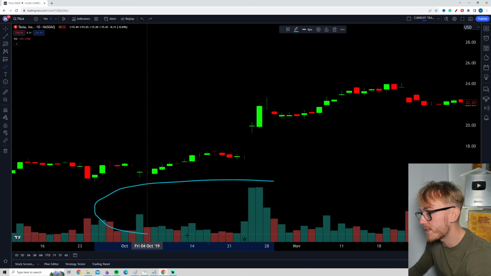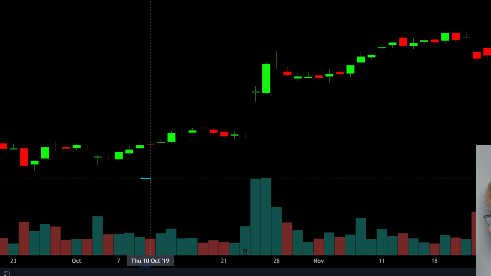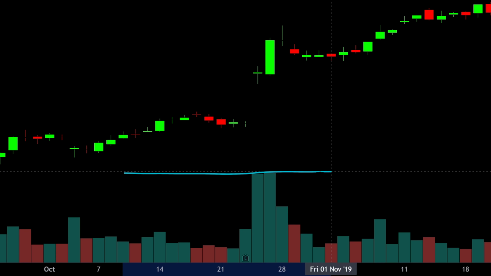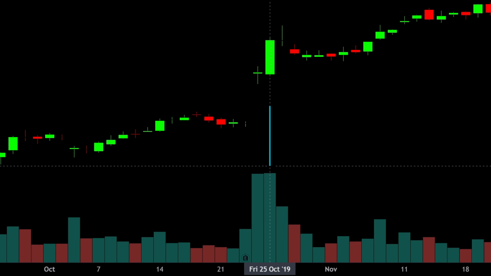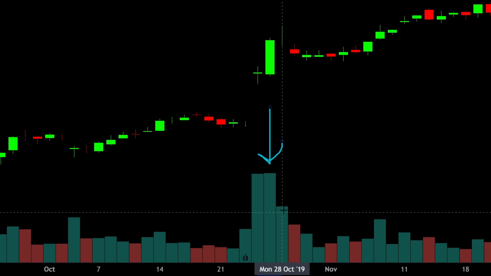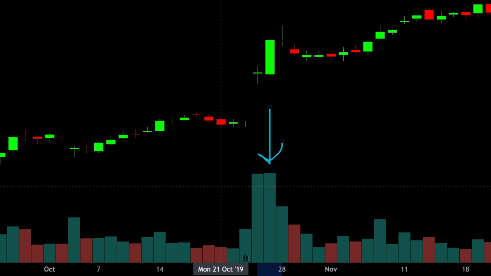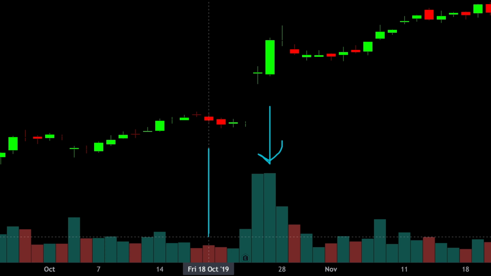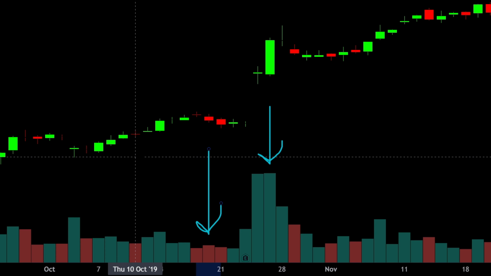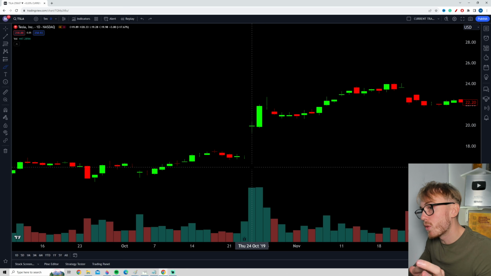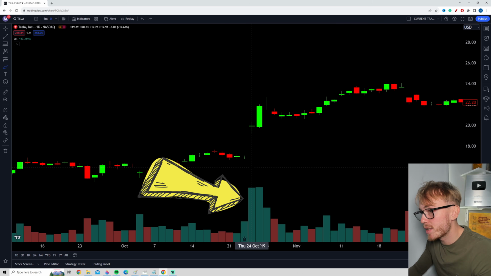The volume is represented by vertical bars, and the height of the bar represents the amount of volume. So when we have tall bars, like for example right here, that means that we have a lot of volume, and when we have small bars, like for example right here, that means that we have relatively low volume. To see the exact amount of volume, you can hover over a specific candle, which in this case is a specific day.